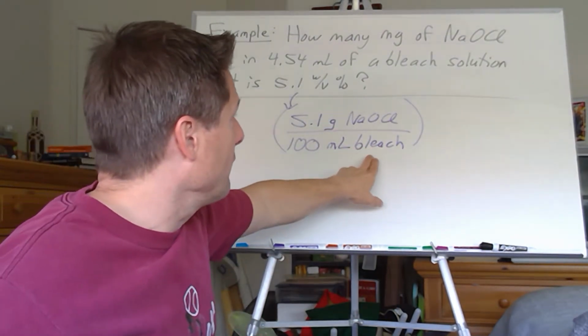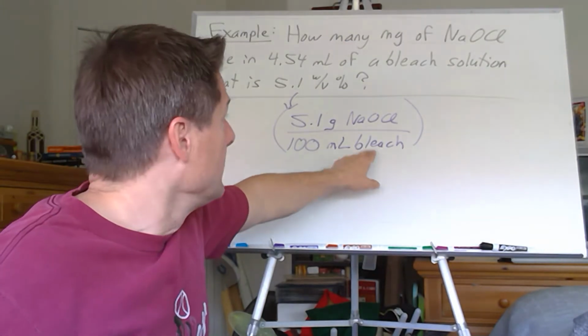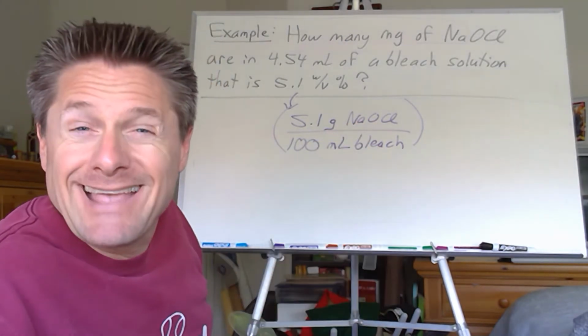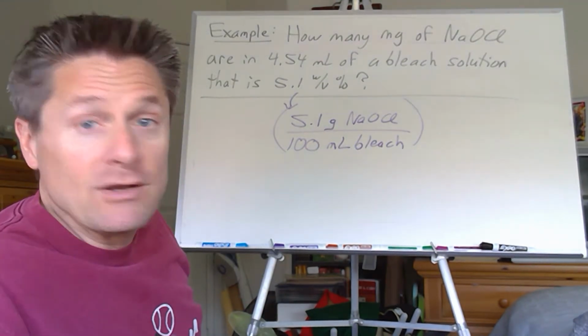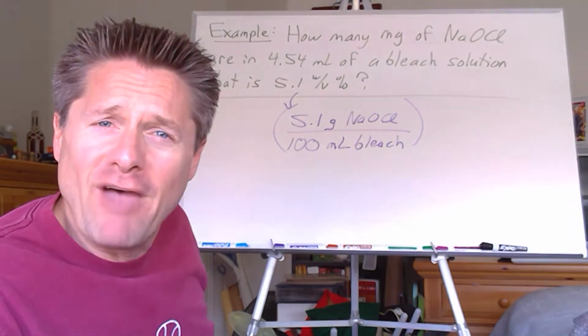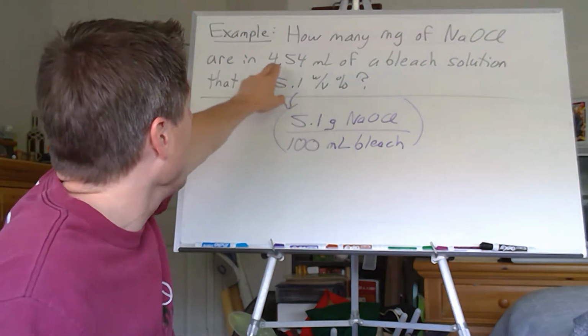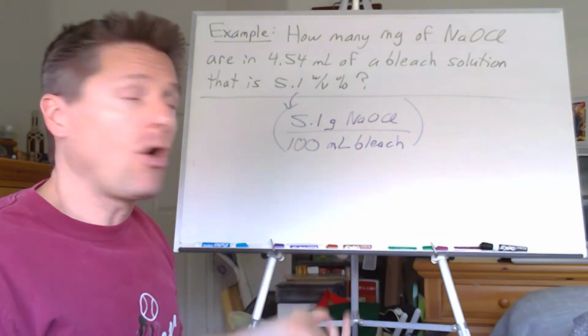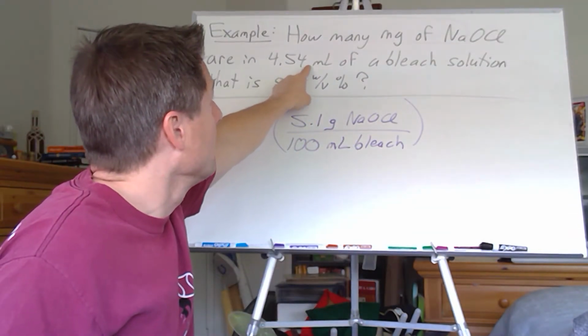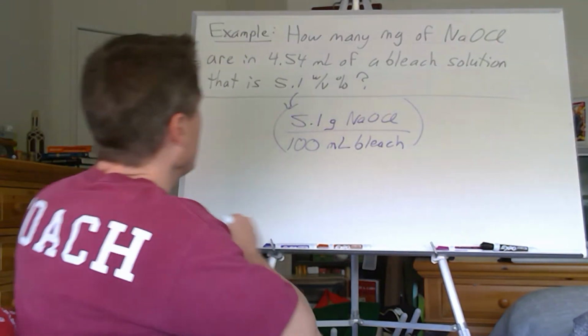All right, that's our ratio. That allows us to convert from bleach units of milliliters to solute units, in this case, specifically sodium hypochlorite units of grams. That's a conversion factor. I'm solving for solute, so I want to start with the solution. So here's my game plan.